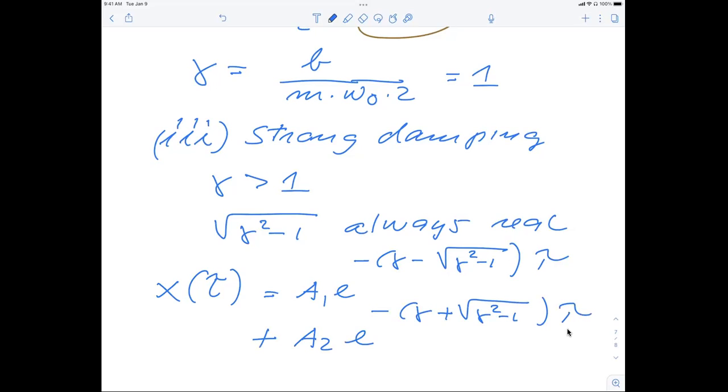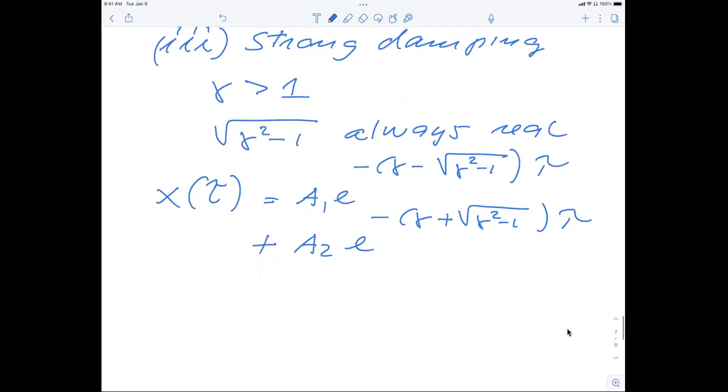And what you see here now is that we have two damping terms. And the way this is being damped will depend on the value of gamma. So we have damping only. And how fast it gets damped depends on the size of gamma.